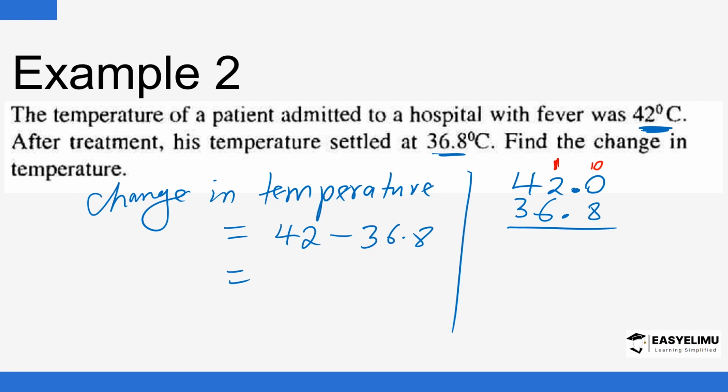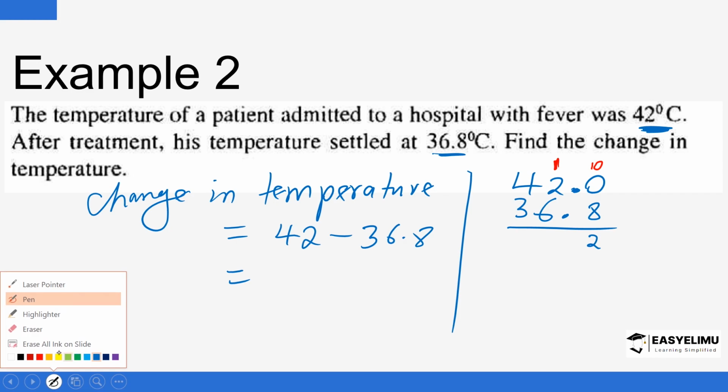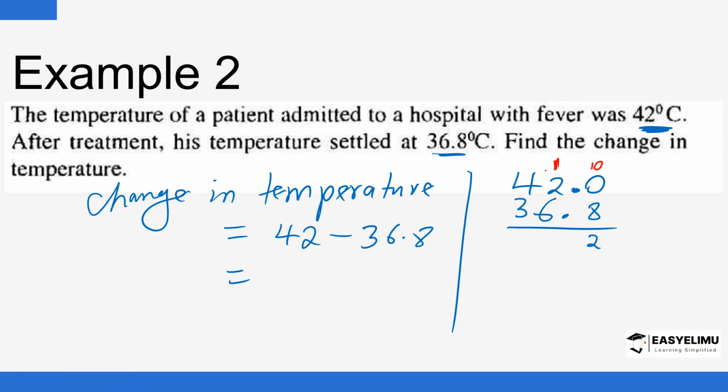And of course 10 minus 8 is going to be 2. Here is now 1 again, and it's not possible to subtract 6 from this one. So again, you have to borrow 1 from 4 to make it 3. Remember, this one we had borrowed 1, so it remained 1.